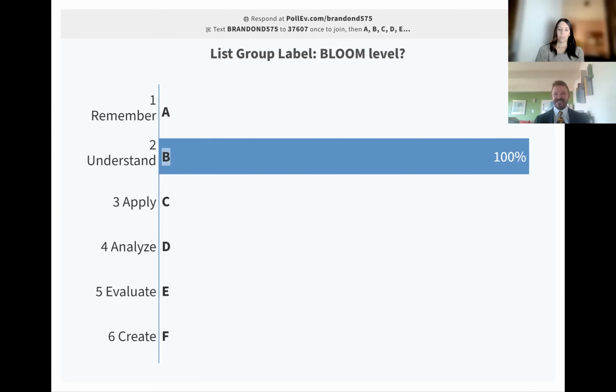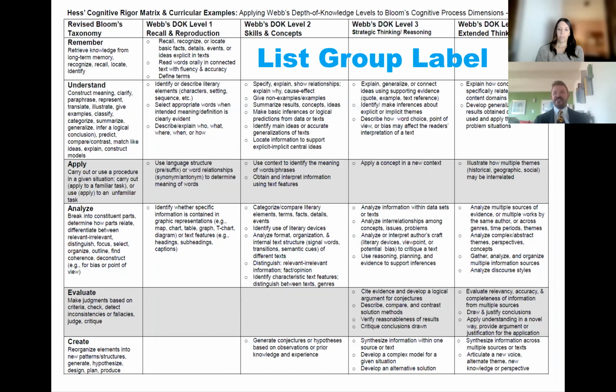All right, let's look at this. When we look at list group label, we start to get over here to this DOK 2, which is conceptual thinking, and analyze, Bloom 4, because what we're doing is sorting, classifying, and labeling. So that word categorize is my trigger that lets me know that's where this instructional strategy is going, towards this DOK 2, Bloom level 4 area.